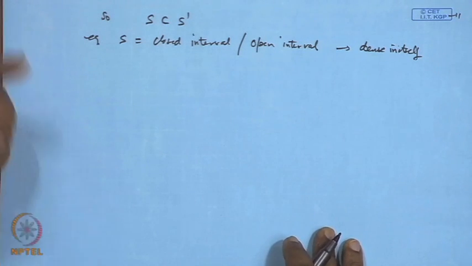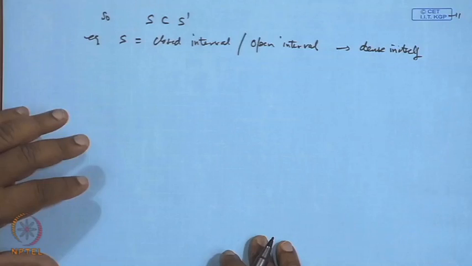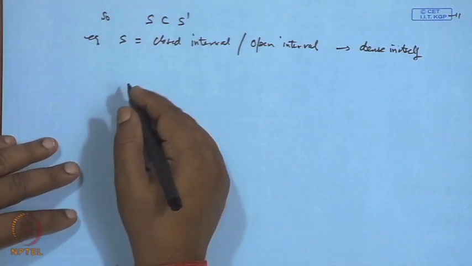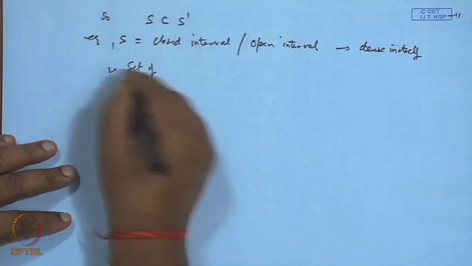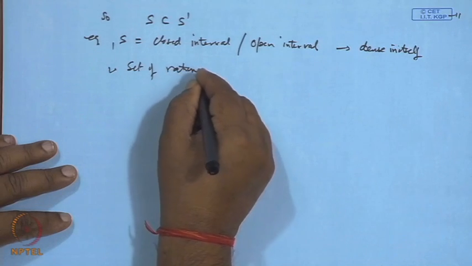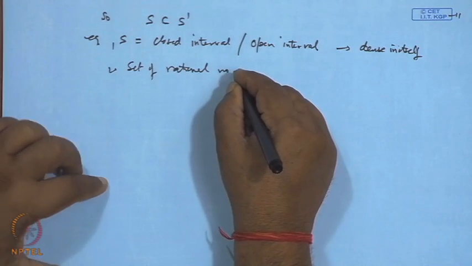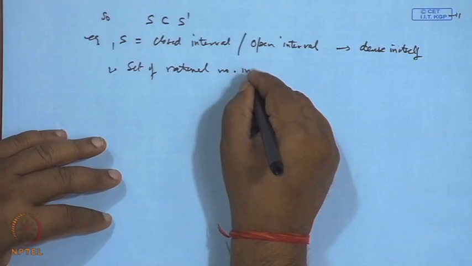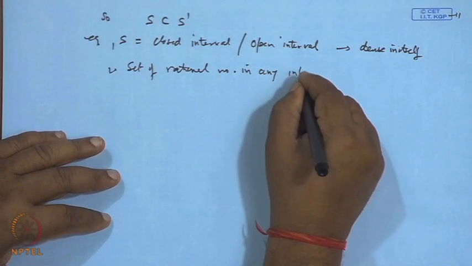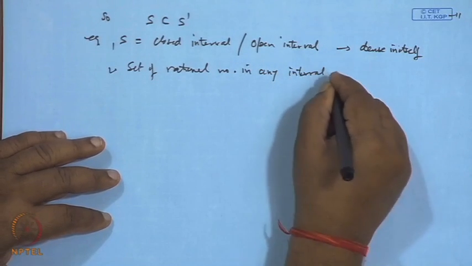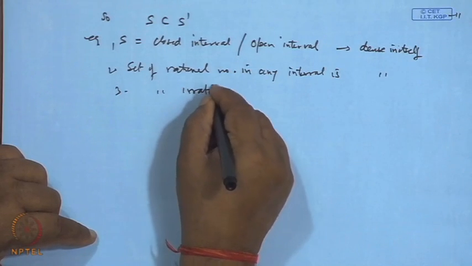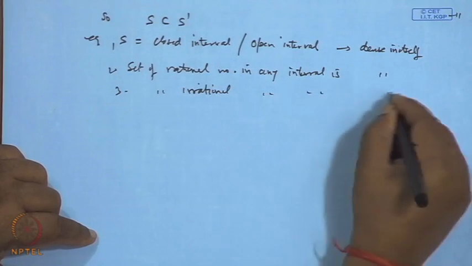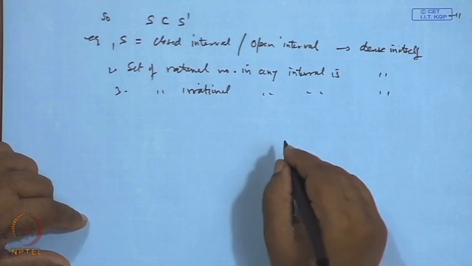Then the set of rational numbers in any interval is dense in itself, the set of irrational numbers in any interval is dense in itself, and like this.